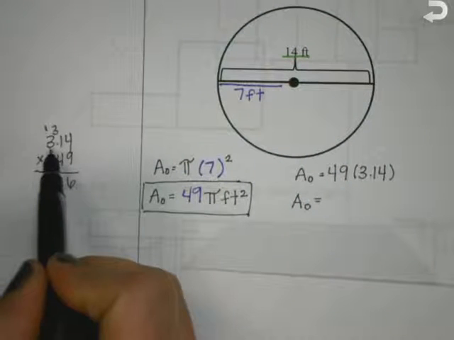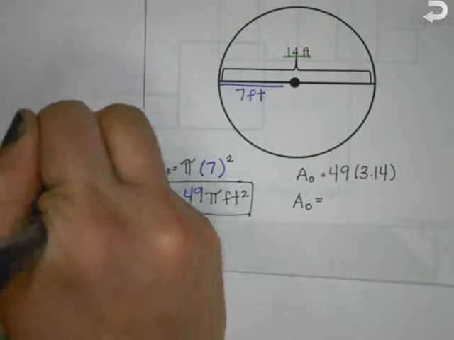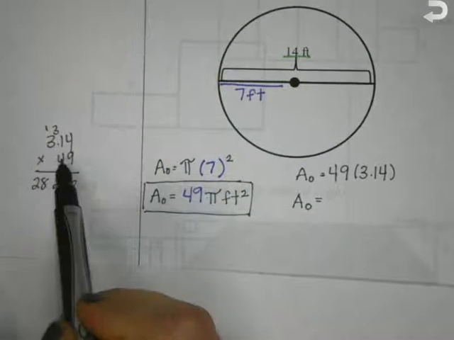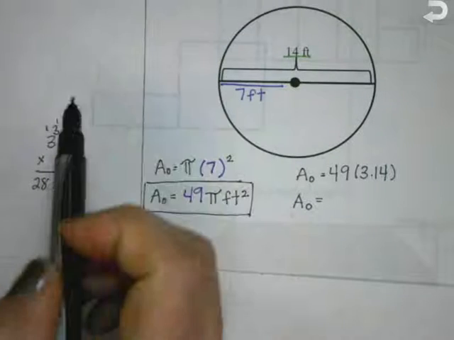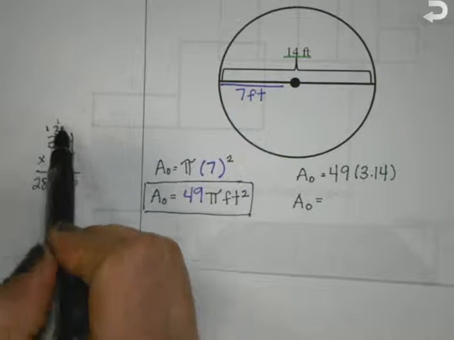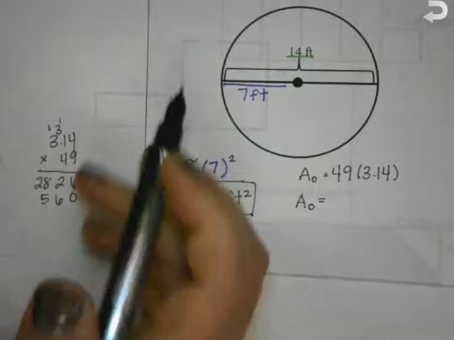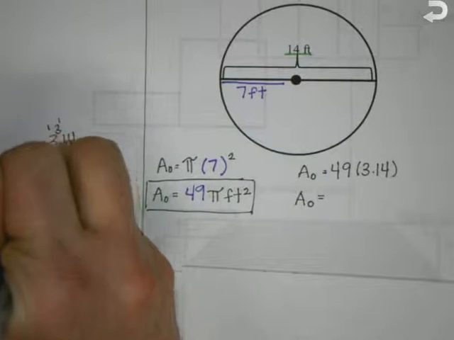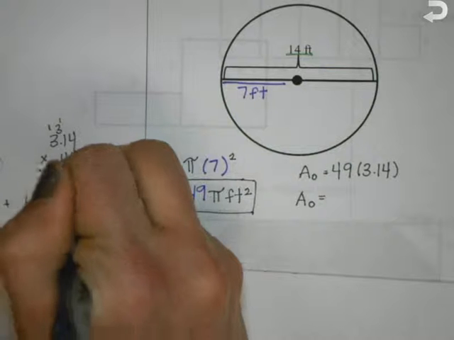So let's add all of that together. 6, 8, 8 plus 5 gives me 13. 2 plus 2 is 4, plus 1 is 5. And then plus 1. I move the decimal over 2 spaces. So I get 153.86. I need to look at that 8 to round it to the nearest tenth.